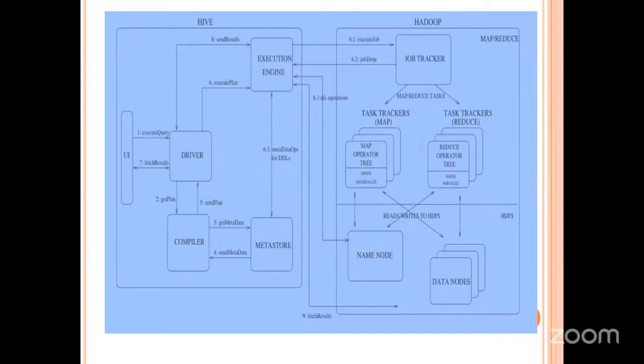A tracker tracks whether the job is done or not. Then this job tracker is going to execute by using the mappers and the reducers. Again, then you're having the name node and data node. These two are used in HDFS, which work like the example I gave you. Then the complete data is sent to the user interface. The output is sent to the user interface.